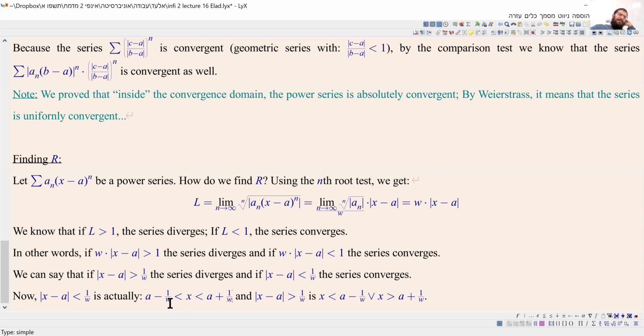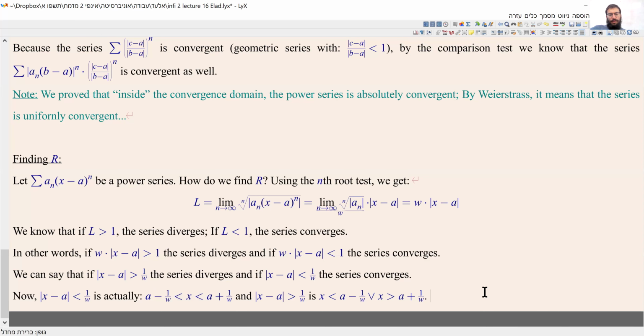You take one step to the left, one step to the right from a, the series converges. You get out from this interval, this segment, the series diverges. And at the ends, specifically, we don't know what happens.